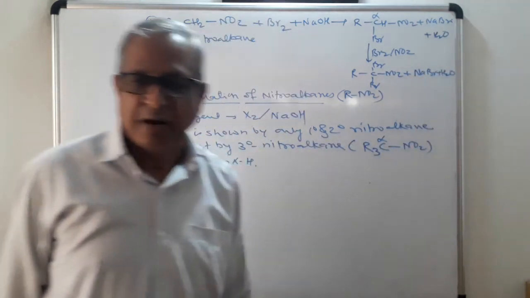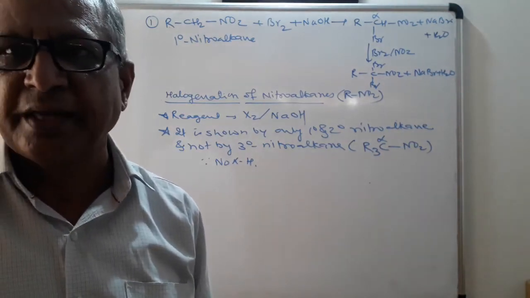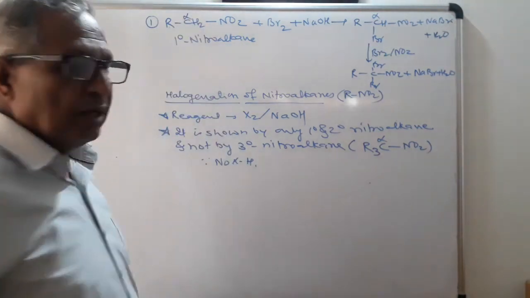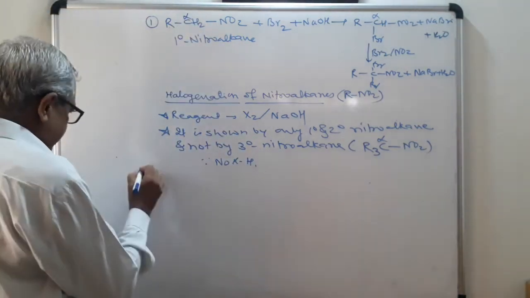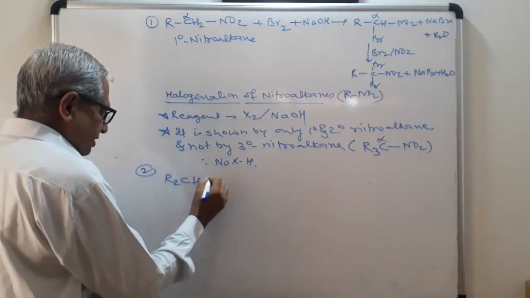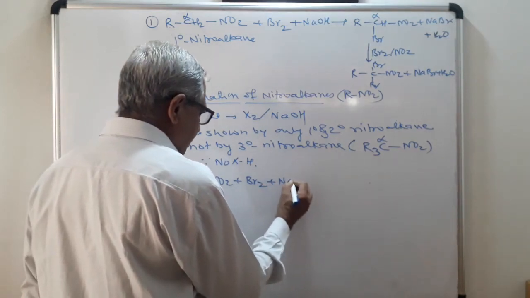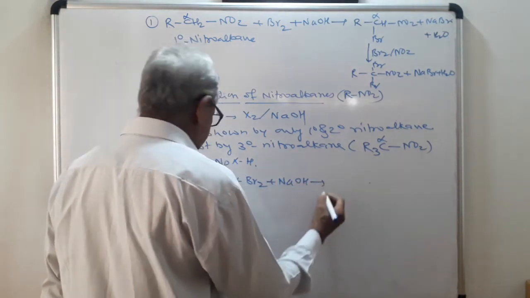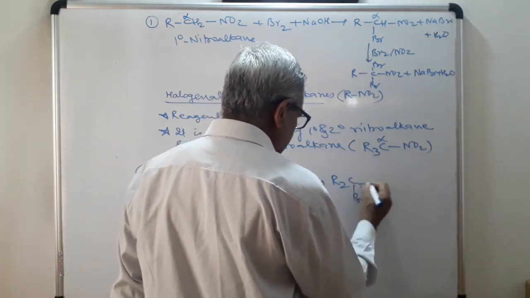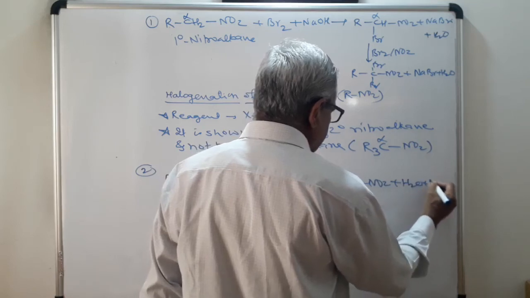So remember that primary nitroalkane gives two derivatives, that is monobromo derivative and dibromo derivative, because it contains two alpha hydrogen atoms. Now, second part, I will explain secondary nitroalkane R2CHNO2. When you do the reaction with Br2 and NaOH, you will get only one product, that is R2CBrNO2 plus H2O plus NaBr.